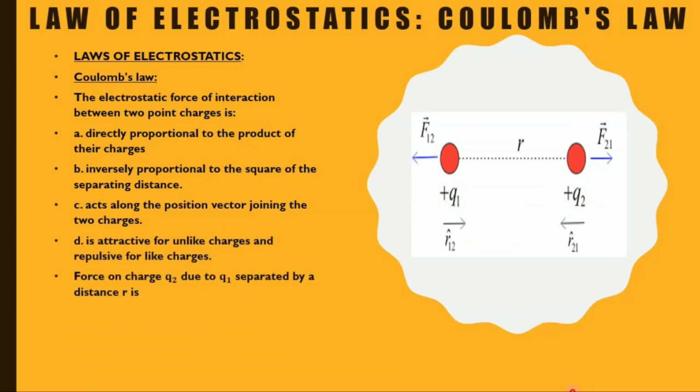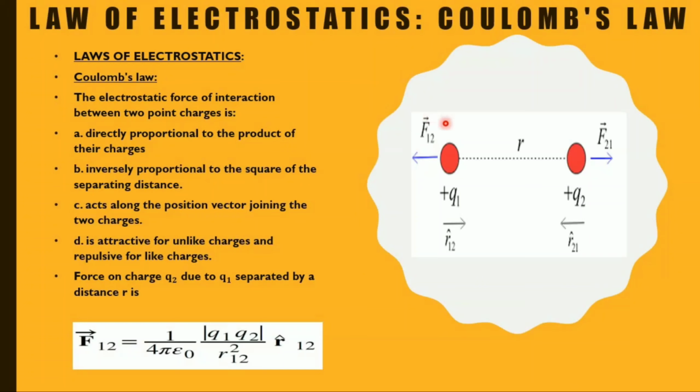So the force on charge Q2 due to Q1, separated by the distance r, has the formula F12 is equal to 1 by 4 pi epsilon naught, Q1 Q2 product, divided by r square of 12, r cap 12. This is the unit vector.